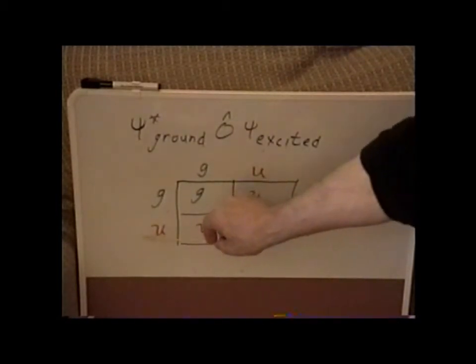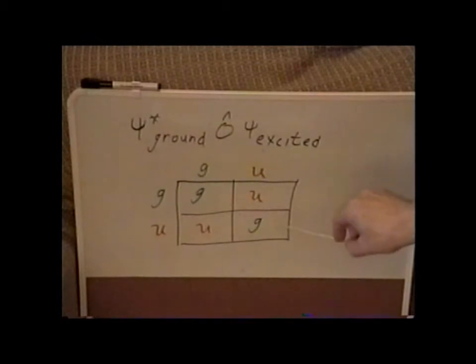And if we multiply ungerade times ungerade, we get gerade. If you are familiar with the concept of odd and even functions, you might recognize that this multiplication table is very similar to the multiplication of odd and even functions. Gerade functions are even and ungerade functions are odd. So we get the same multiplication table.